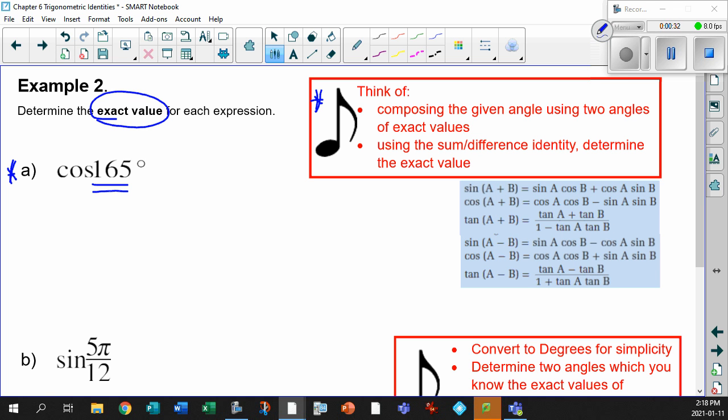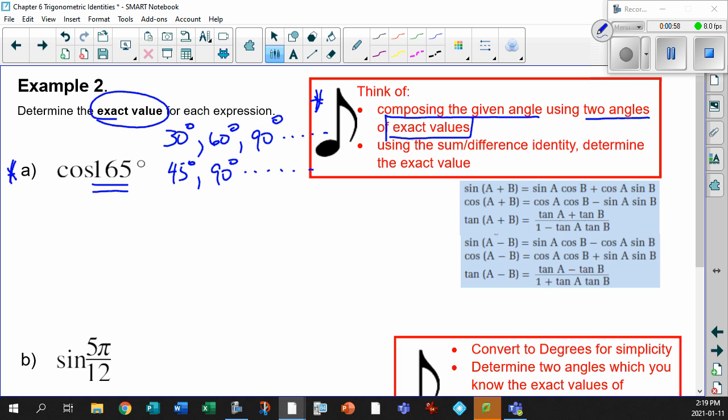Think of composing this given angle as two angles, especially ones that appear on the unit circle. You know the unit circle goes by 30 degrees, 60 degrees, multiples of this, keeps on going and going, or 45 degrees, 90 degrees, and so on.